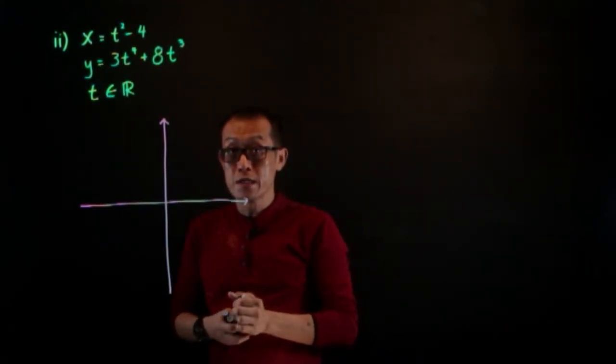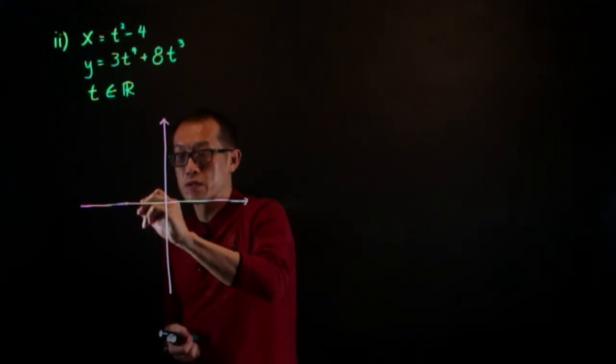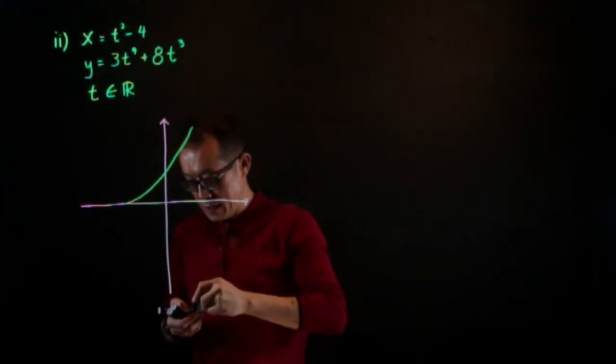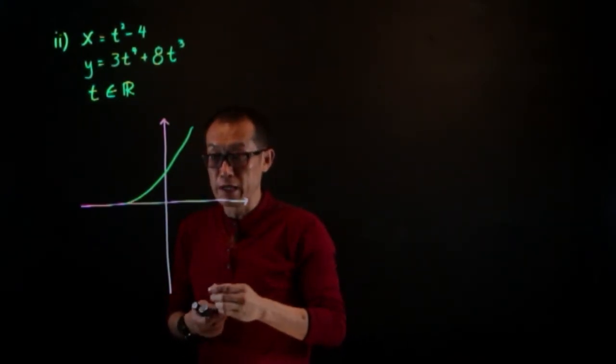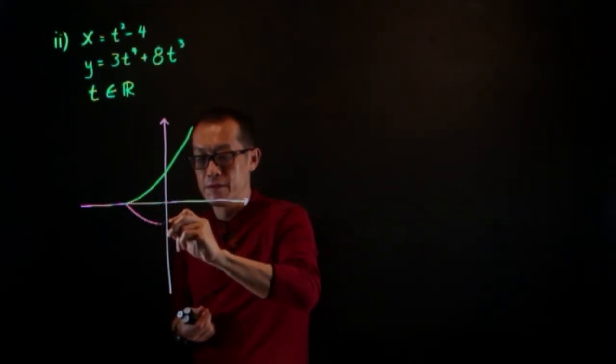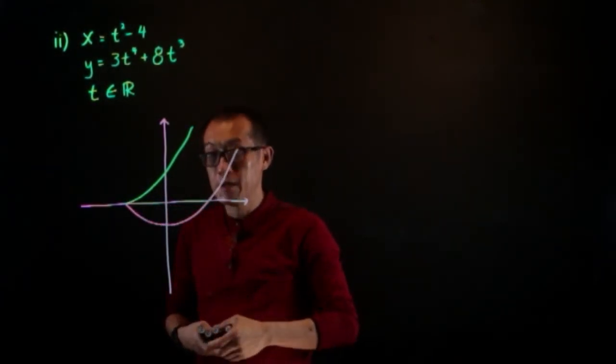Now you will notice that there's one graph that goes something like that. And then there's also another one, but it actually belongs to the same graph, that goes like that.